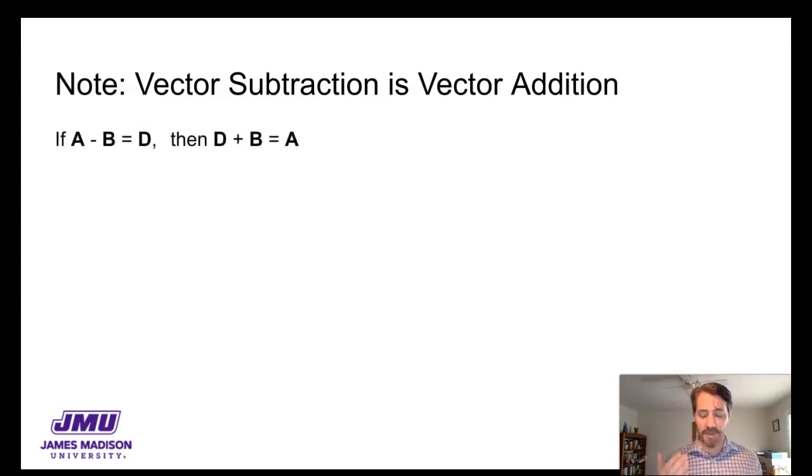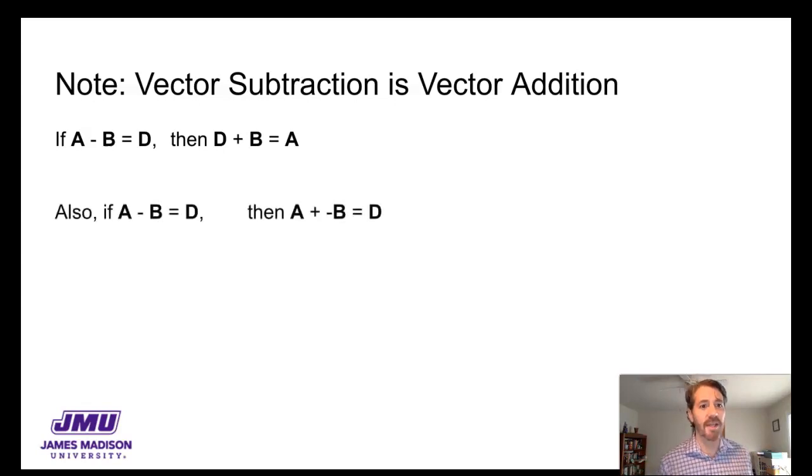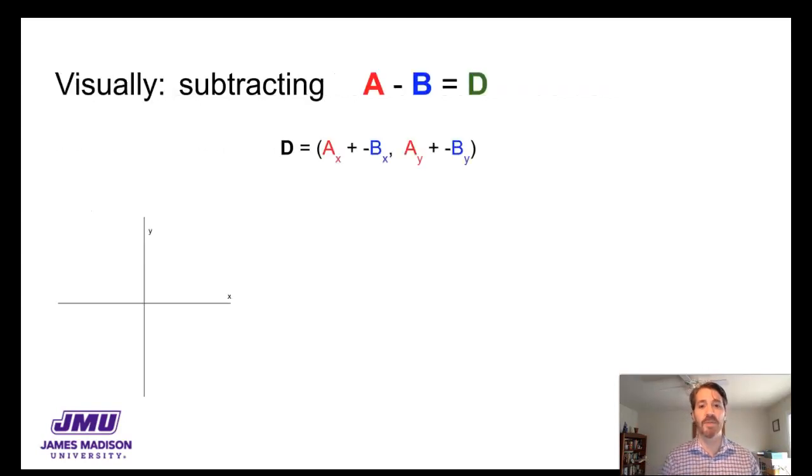So if you're asked to take vector A and subtract vector B in order to find the difference, vector D, that can be rearranged to say vector D plus B gives you vector A. You could also rearrange it to say, if A minus B gives you vector D, then A plus negative B gives you vector D. And in this case, it's important to know that vector negative B is the exact same magnitude as vector B, just in the exact opposite direction. So that can be really useful, as we'll see here visually.